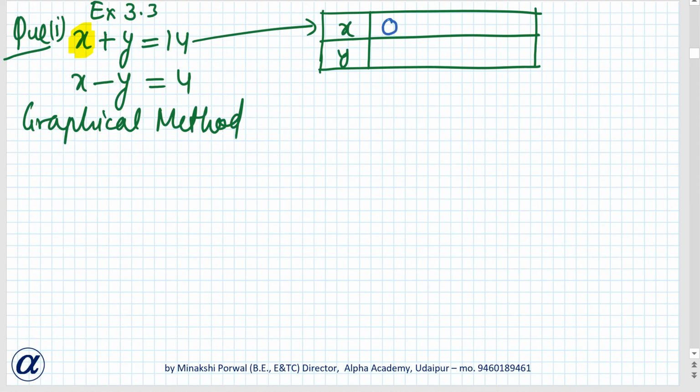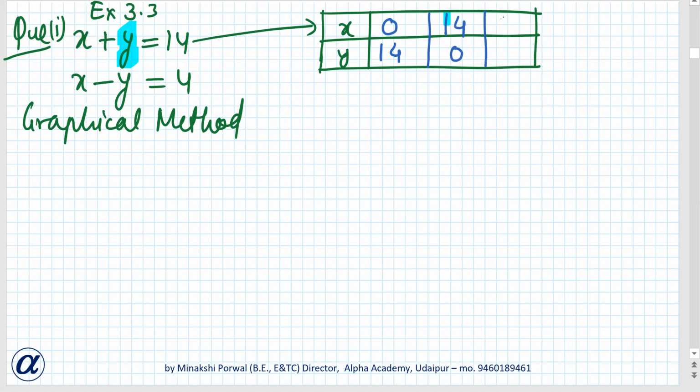When x is 0, what is the value of y in this equation? 14. y will be 14. When y is 0, what will be the value of x? 14. So 14, 0.